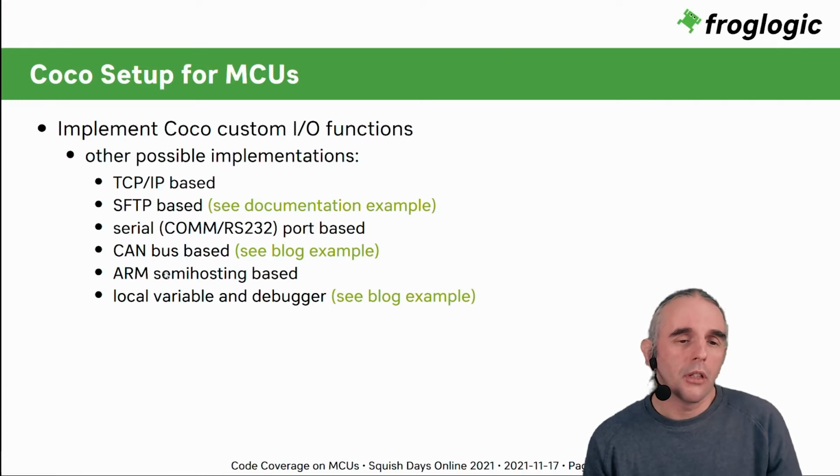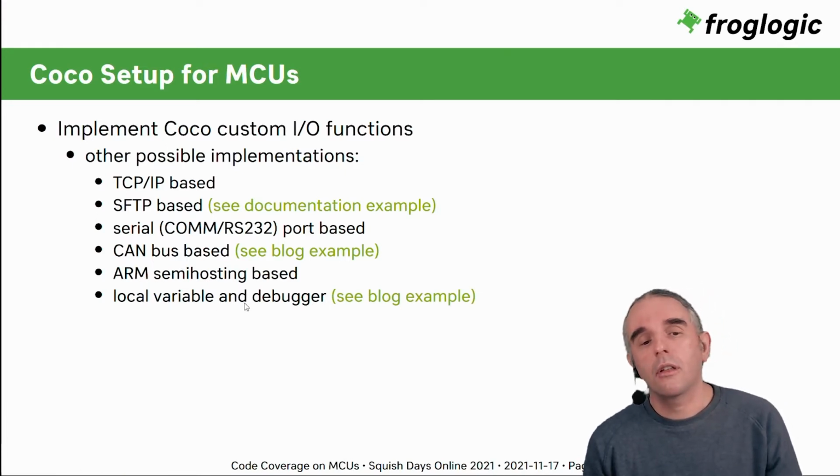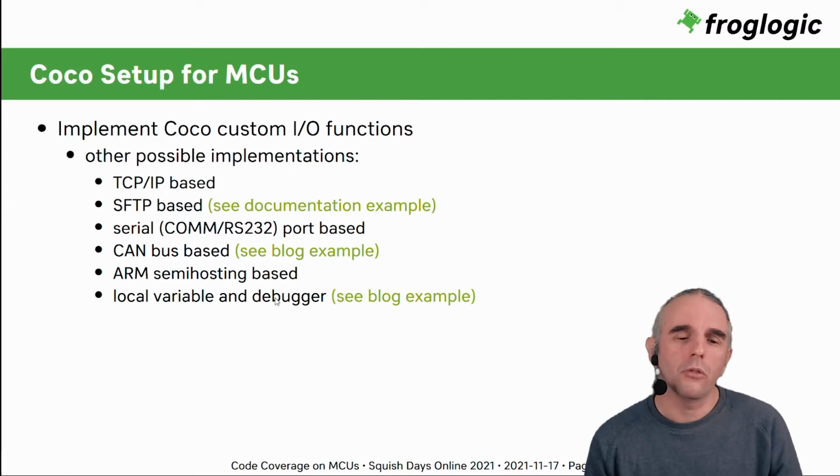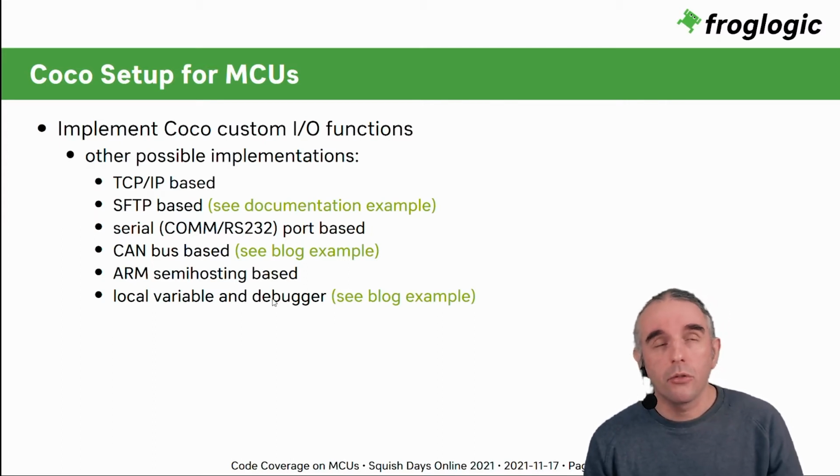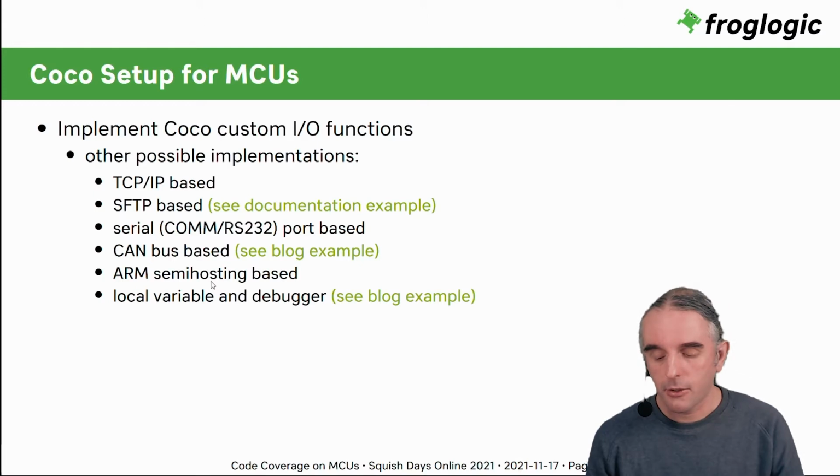But it could be that you might not have anything of this, and then there is still the last option, which I'm going to demo in a few moments: you just store all code coverage data in one local variable, and then you use the debugger to get the value of that variable, and then you forward that to Squish Coco, and then you can see what kind of code is covered or not covered during the execution of your test scripts.